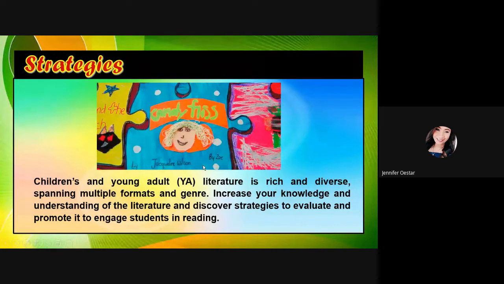According to this, we can use different strategies and different forms and formats of books, as well as types, to increase the child's and the young adult's interest in reading. So if we want our students to enjoy reading, we should give them books that are attention getting.